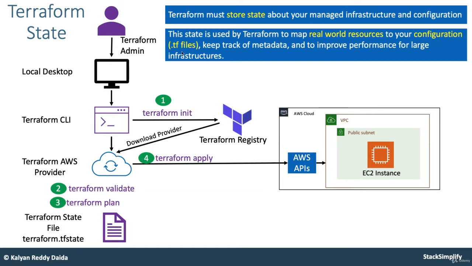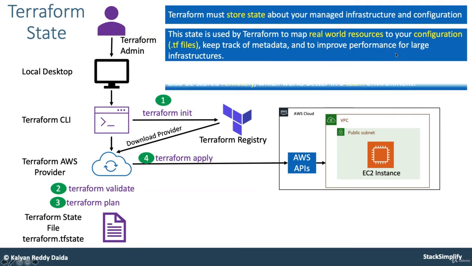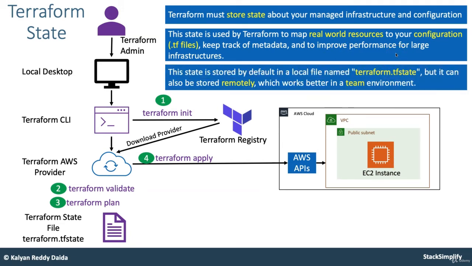So it is the mapping between real world resources and your configuration files. It will keep track of the metadata information of your EC2 instance and improve performance for larger infrastructures. This state is stored by default in a local file named terraform.tfstate, but it can also be stored remotely, which works better in a team environment.